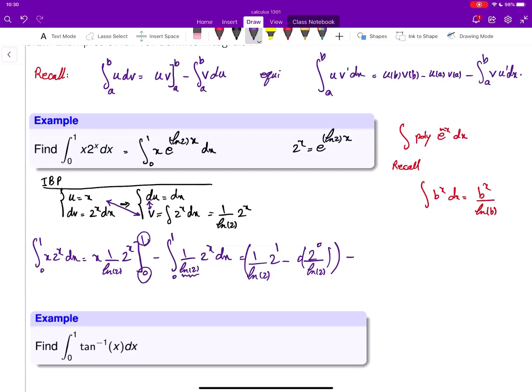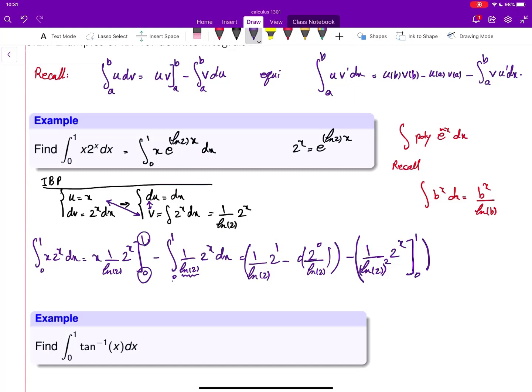The second part: what is the integral of 1 over ln 2 times 2 to the power x? 1 over ln 2 is just a constant, so I put that there. Then the integral of 2 to the power x is 2 to the power x over another ln 2, so the ln 2 here I have to square it. That's the antiderivative. This is a definite integral, so you go from 0 to 1.